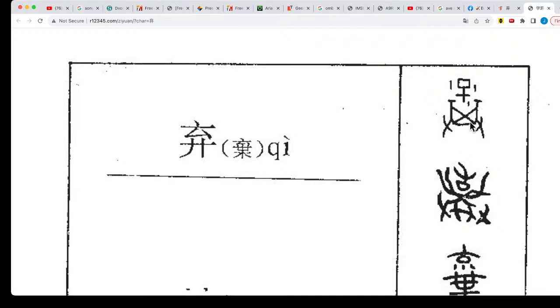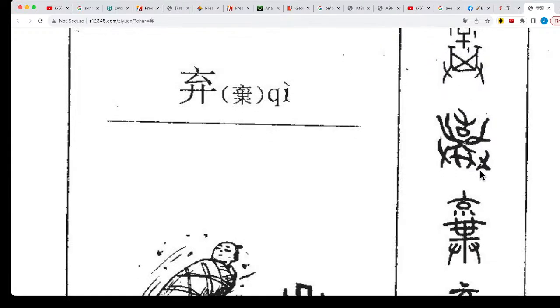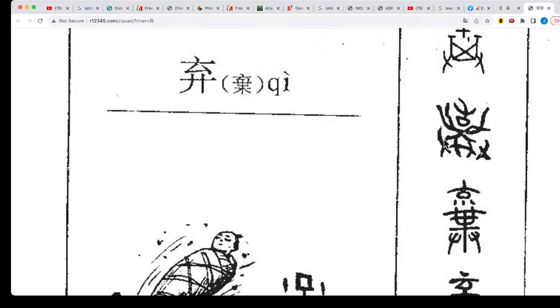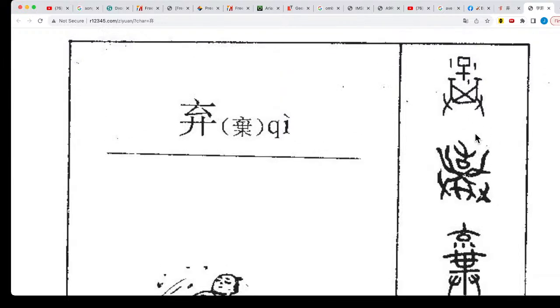And then of course later on they standardized the character, but this one is still like that. The two hands, right? Here's the baby. You see the baby here? This baby is upside down, right? So remember, the head is over there, the legs over there. In the normal condition, the baby's head should come out first.